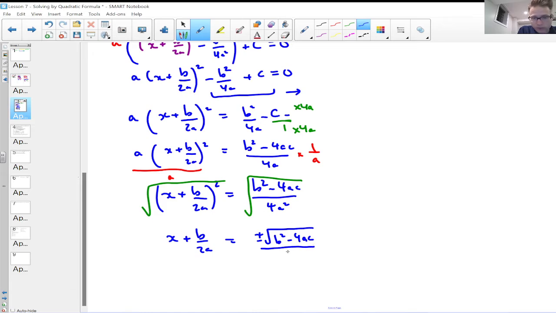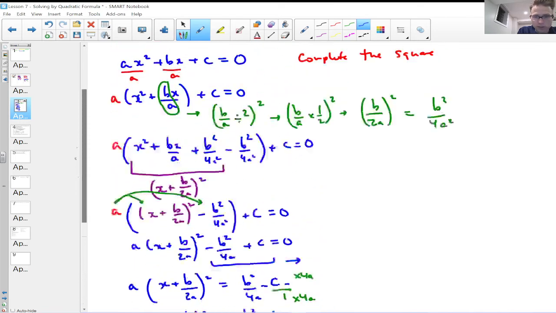The square root of 4a squared is 2a. And then I bring this over. If I bring this over, you can see a common denominator, which is nice. So here I get x is equal to negative b plus or minus the square root of b squared minus 4ac, all over 2a. And there's the quadratic formula. So that's how we get it.